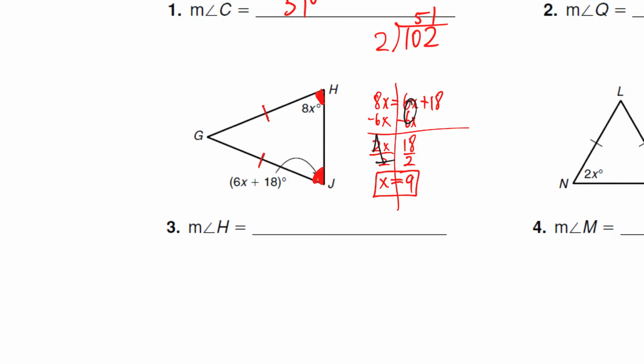X equals 9, and then we want to find the measurement of angle H, so I'm going to plug in 9. 8 times 9, 72.